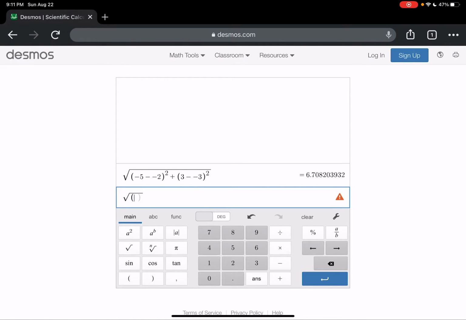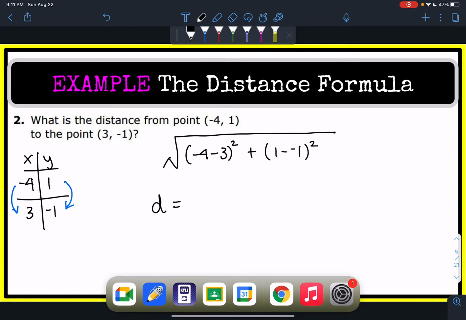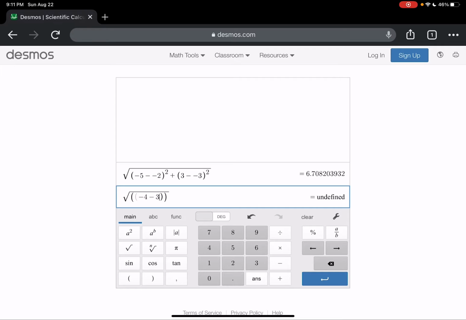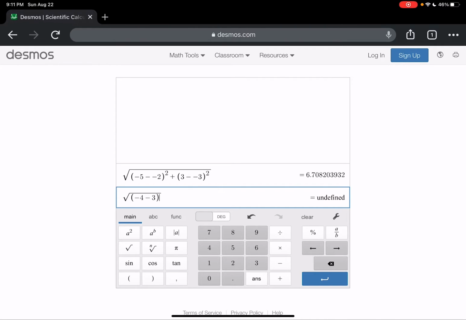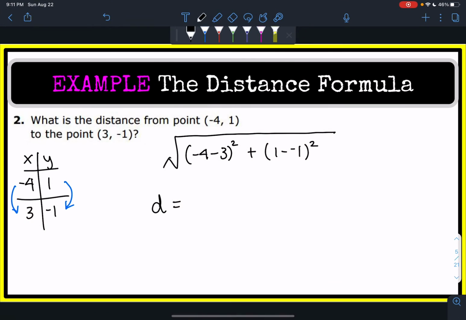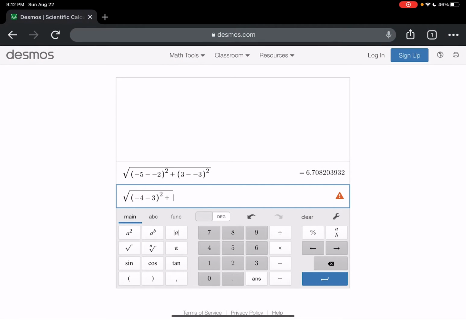So we're going to write -4 minus 3, raise that to the second power, and I am then going to add 1 minus -1 and raise that to the second power.